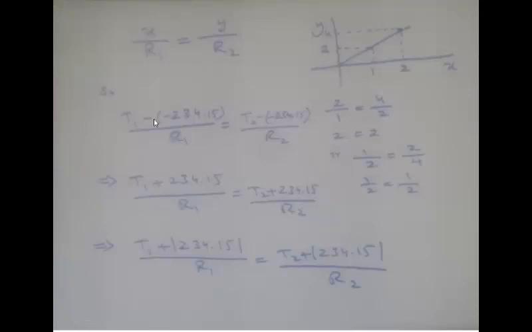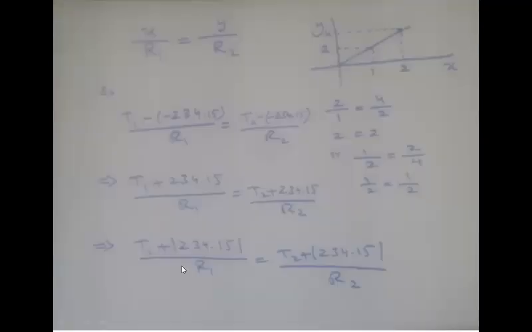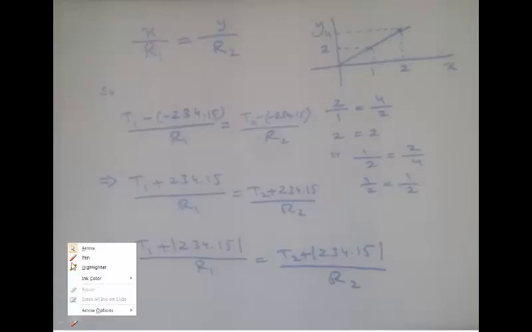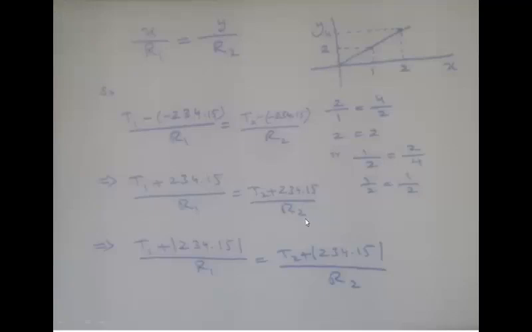So what is x? x is nothing but T1 minus this point, T1 minus 234.15. This is x, this is R1, and this is y. y would be equal to T2 minus this point, T2 minus 234.15, over R2.